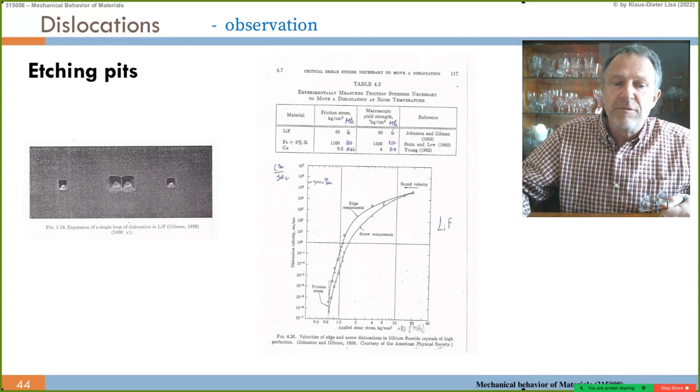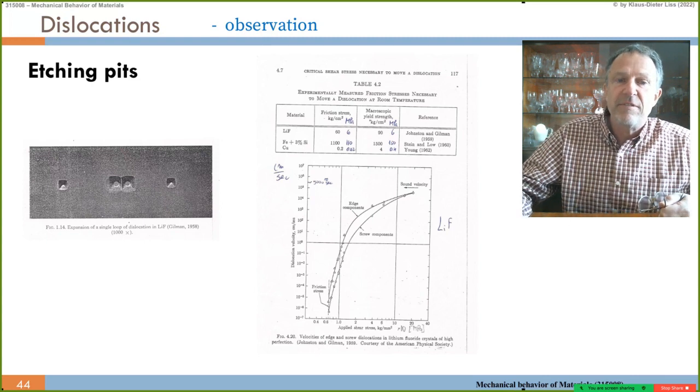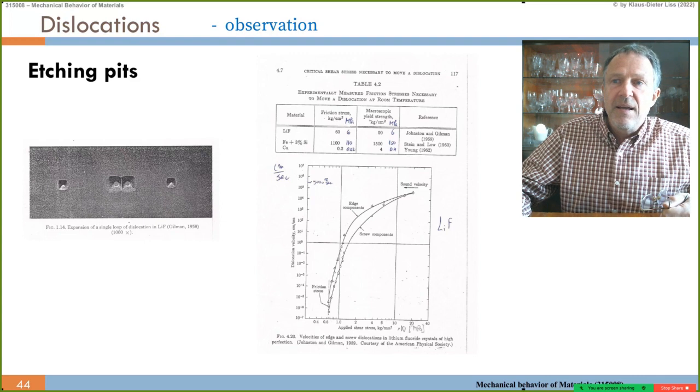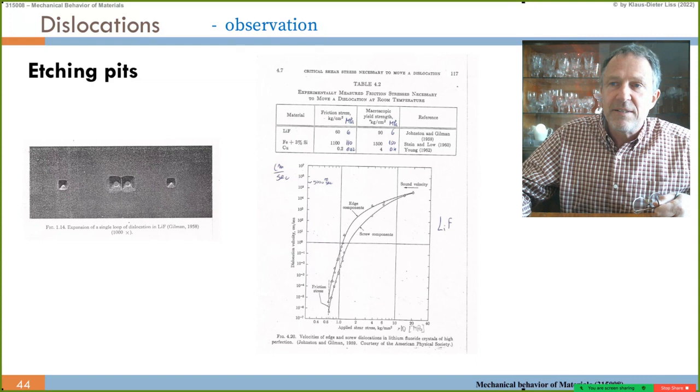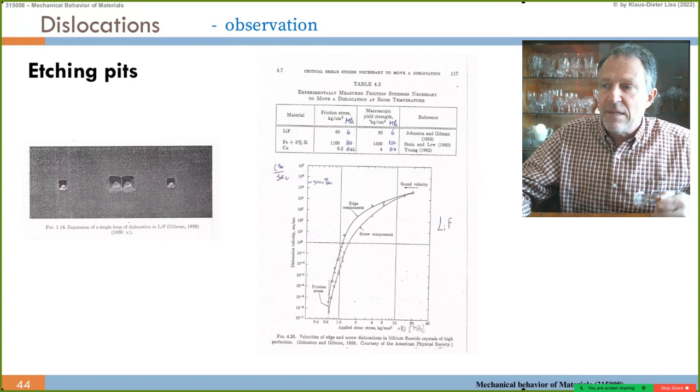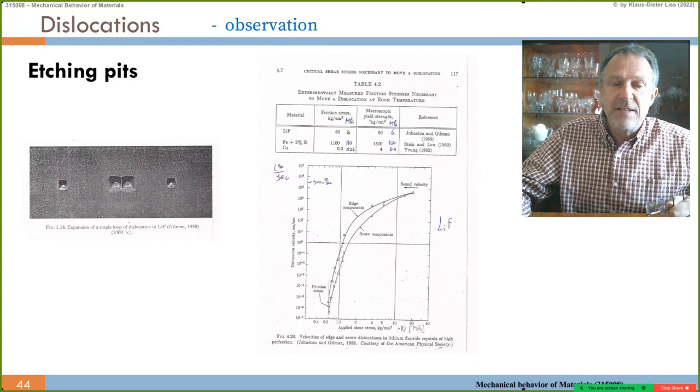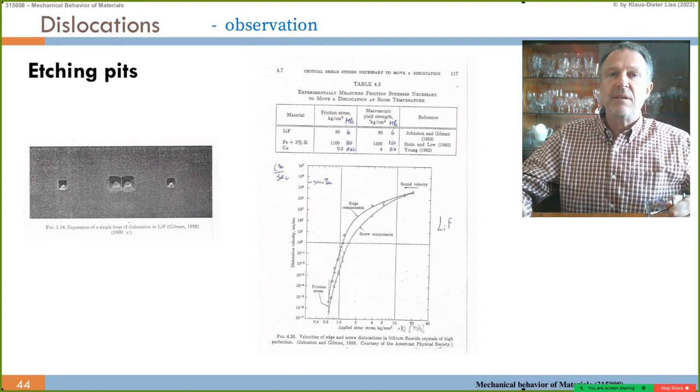So you remove atoms from the surface, and you know already the potential at the surface depends very much on this local strain field, local stress field, local strain field. And it turns out that at dislocations you get enhanced etching.